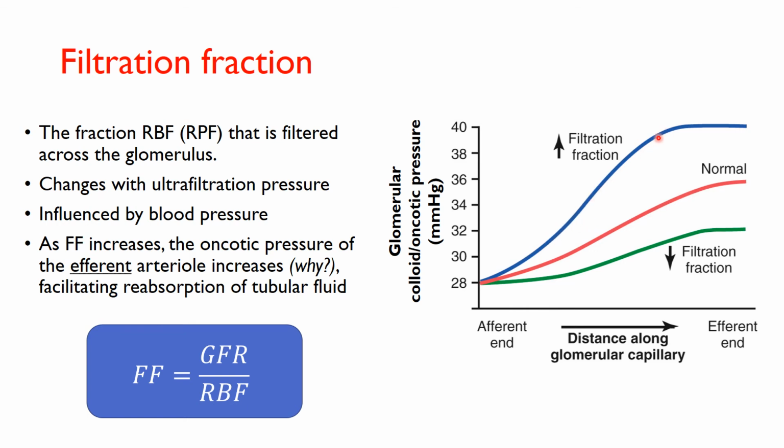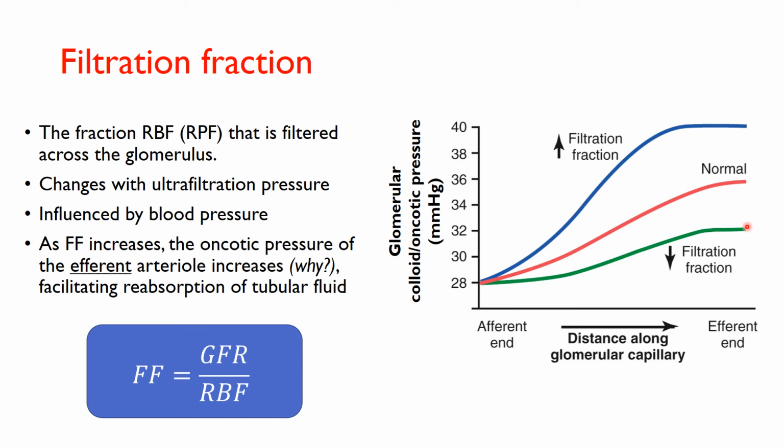If you increase the filtration fraction, more fluid than normal is leaving. Therefore, the proteins getting left behind are even more concentrated than normal. And then the opposite thing happens if you were to decrease filtration fraction. If you were to decrease the amount of fluid getting filtered at the glomerulus, not as much fluid gets left behind. Therefore, the concentration of the proteins isn't quite as much as would be normal.